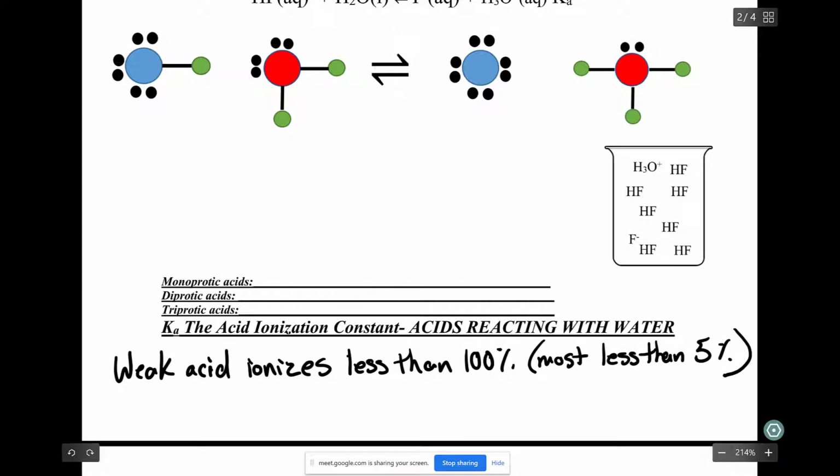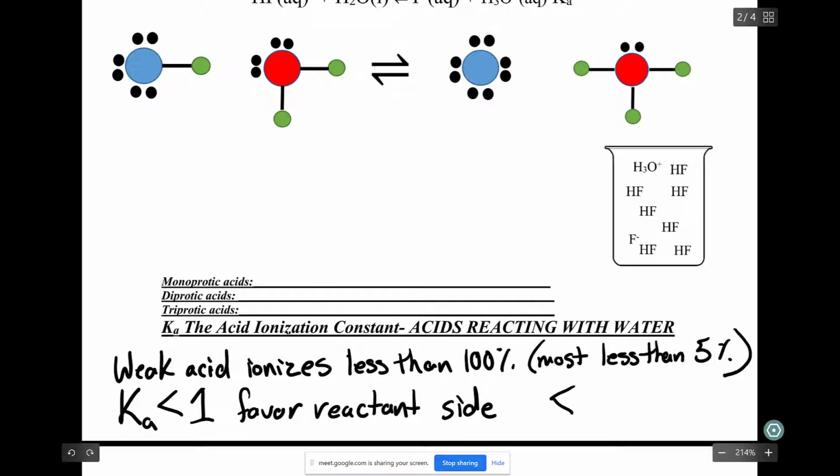And their K values, in this case we call it a Ka value, which is the ionization of a weak acid, is going to be really less than 1, which means they're really going to favor the reactant side of the reaction. And we could say that the reaction is less than 50% forward.